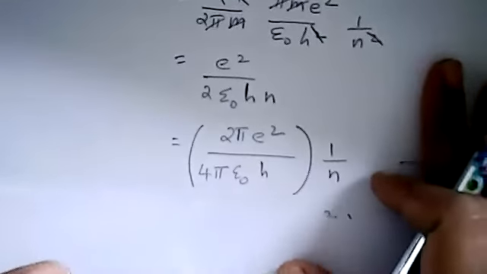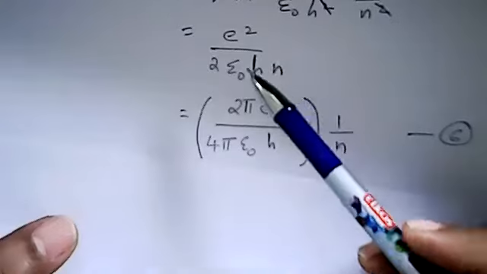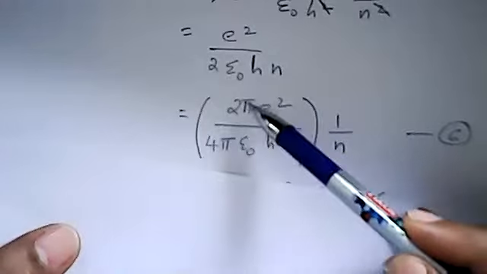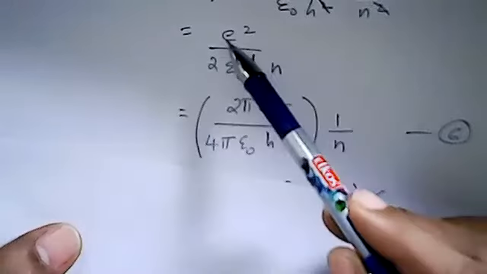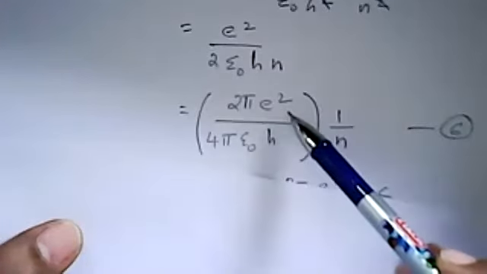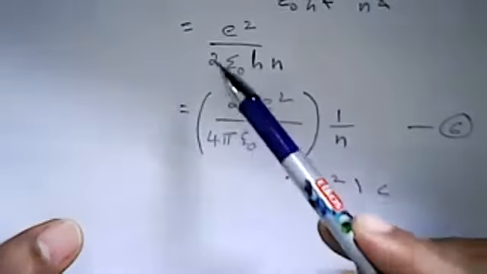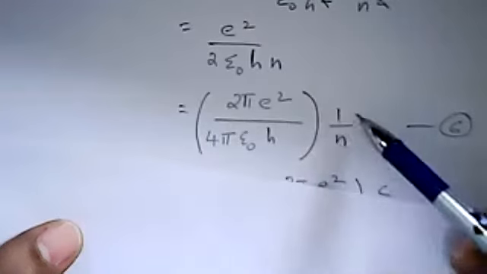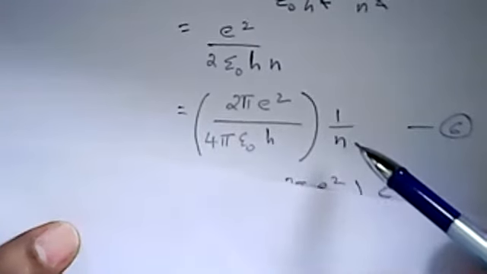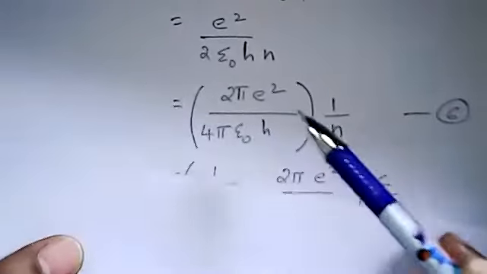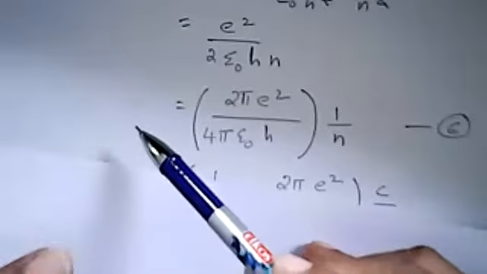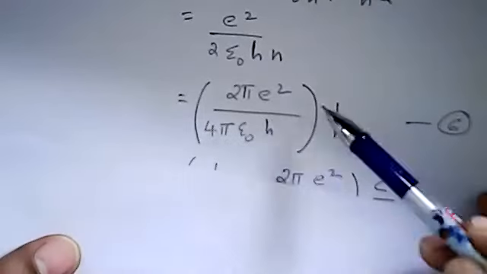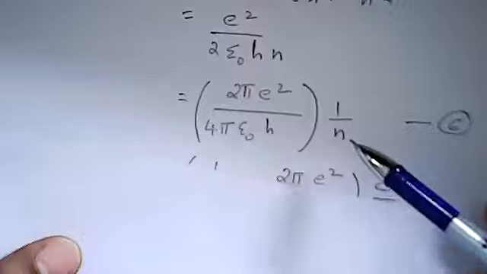Now you can write this by adding a 2 pi in the numerator and denominator. The numerator becomes 2 pi e square, and the denominator becomes 2 into 2, 4 pi epsilon 0 h, all into 1 by n. So v in an orbit equals this entire constant, so v is proportional to 1 by n.